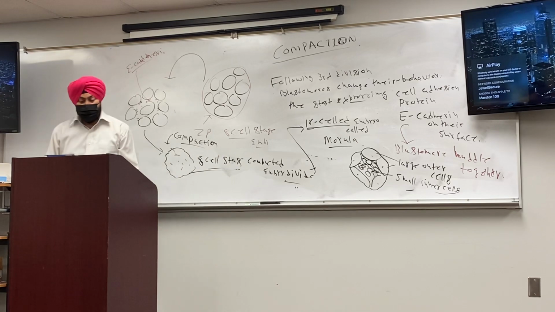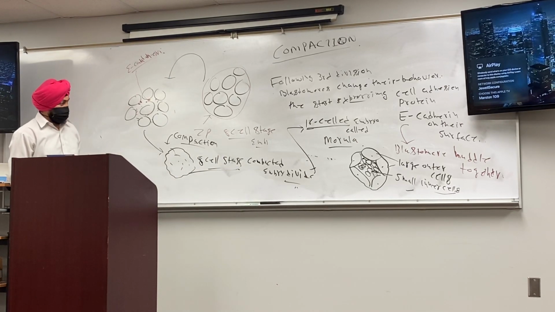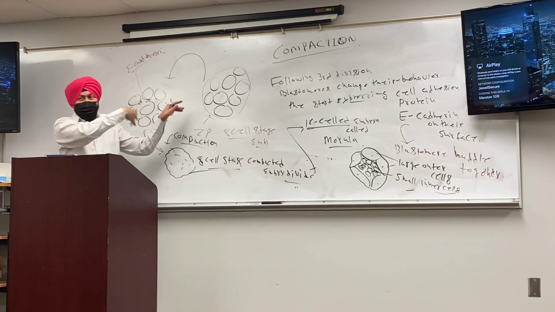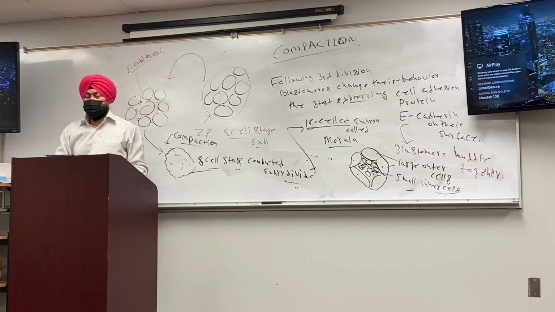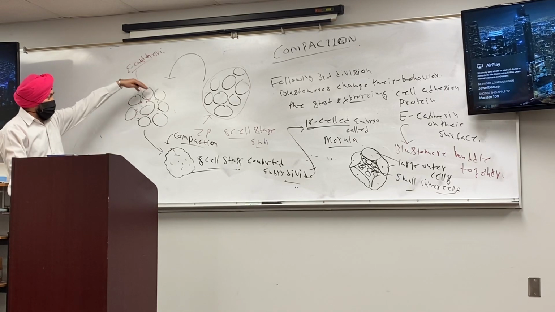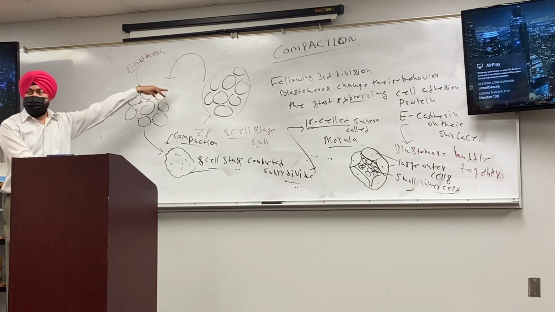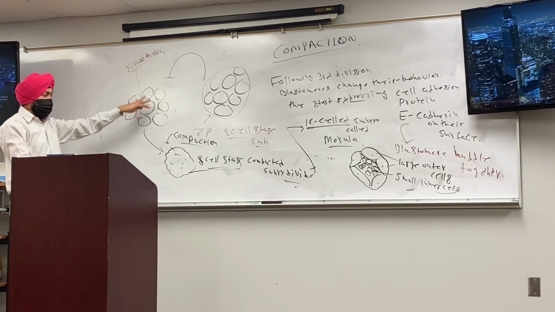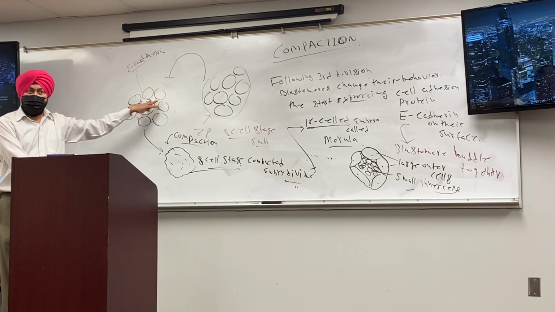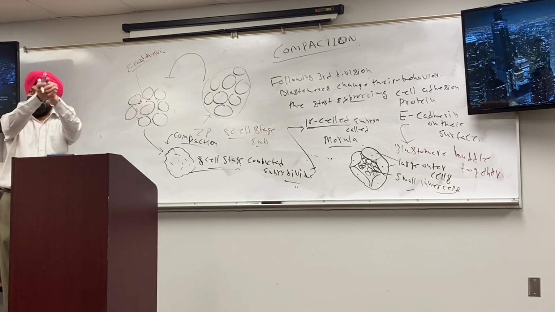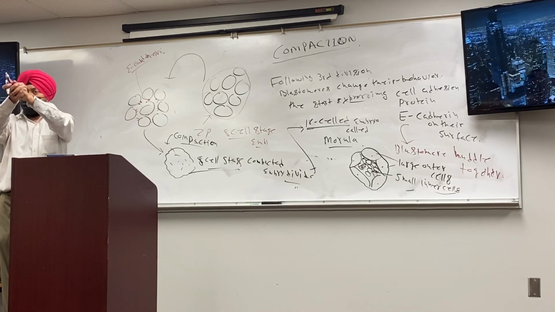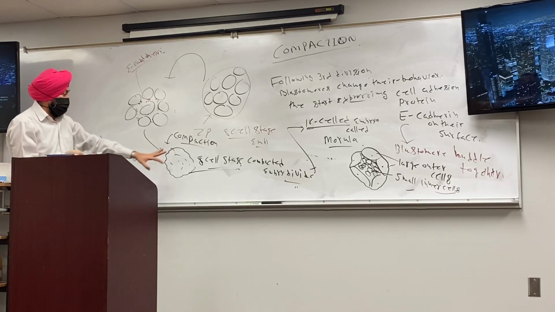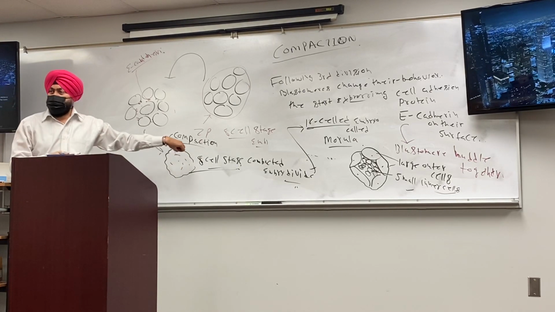Now, what is going to happen? I'll just go over this, then I'll talk about the next thing. The 8-cell stage cells are loosely arranged. Then these cells start secreting cell adhesion protein, which causes them to huddle together, a process we call compaction. These cells are compacted so you cannot separate one cell from the other.